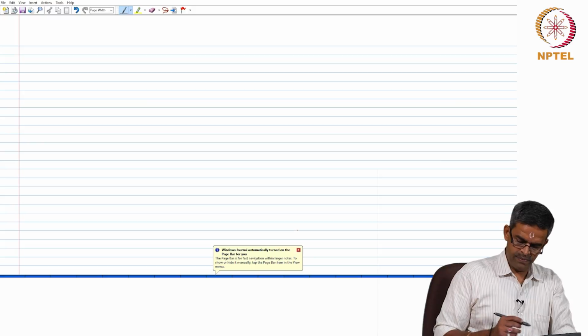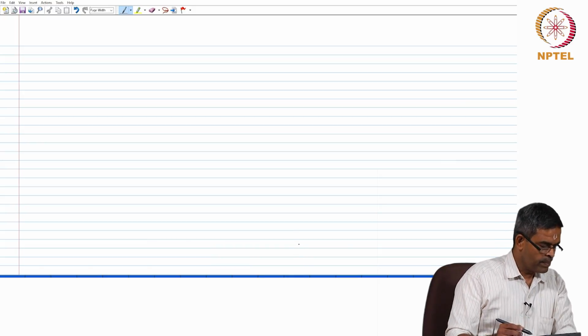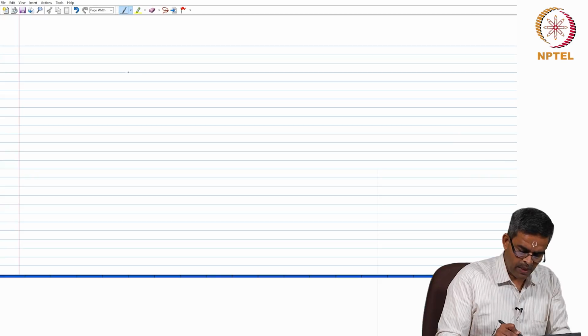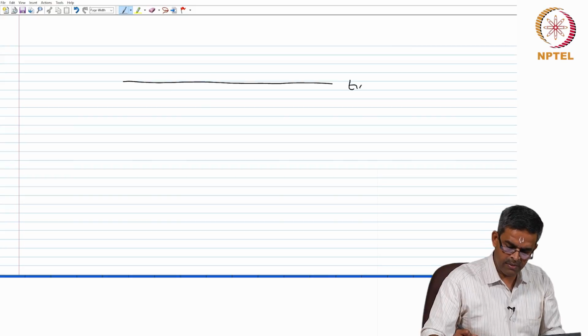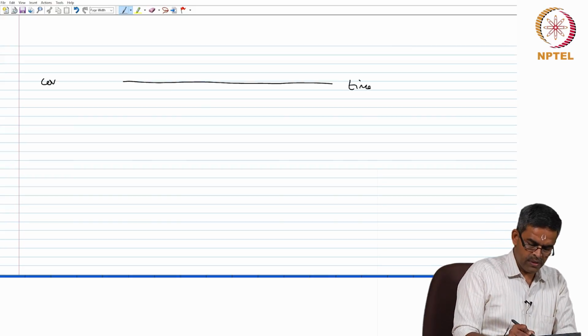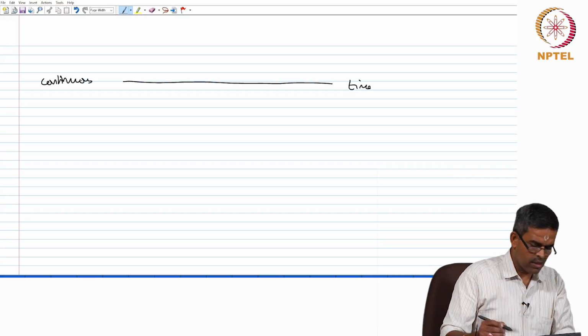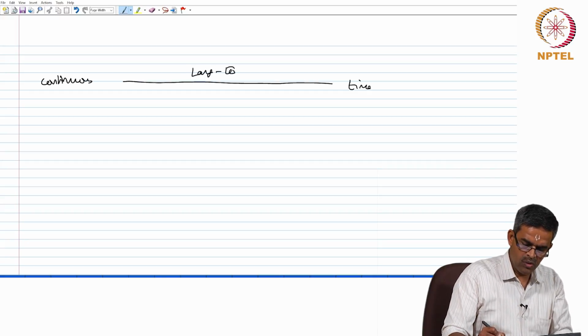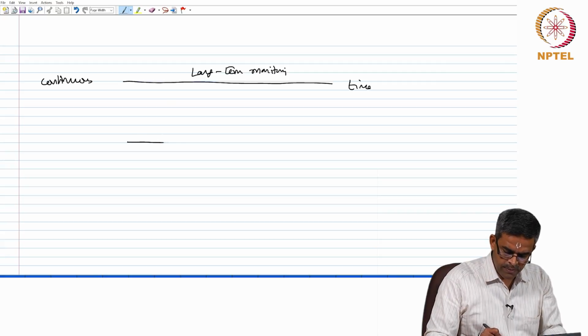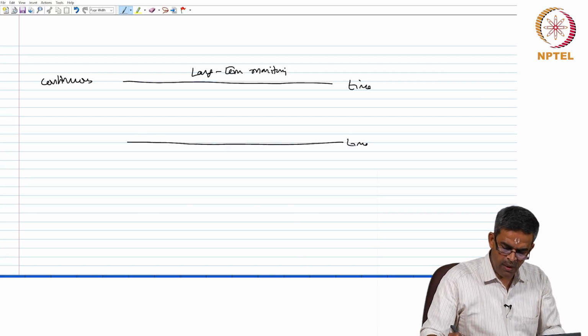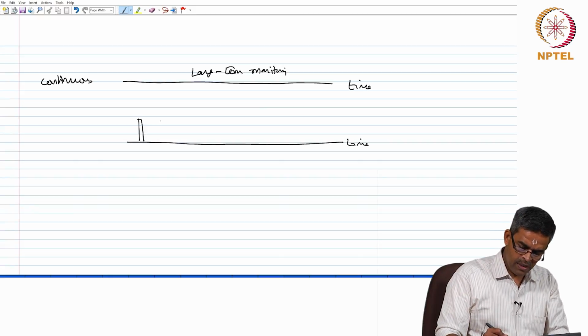Graphically, this can be expressed like this. Say this is my time scale, this is expression of continuous monitoring, where I essentially do a long term monitoring of a parameter. Can also do a periodic monitoring. If this is my time scale, I monitor the parameter at constant intervals of time over a large period of time.